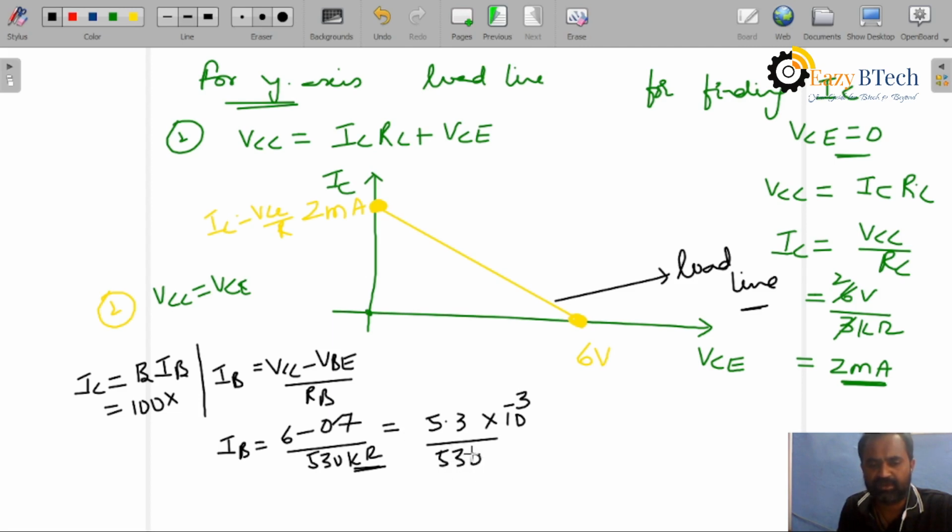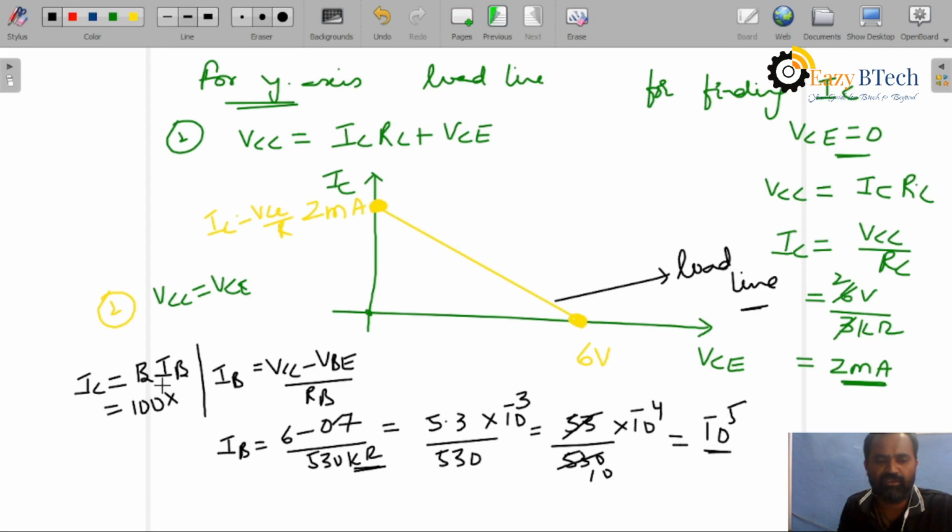Now this sum, the solution here. If you remove this point here, 5.3 by 530 into 10 power minus 3, and 1 by 10, then approximately you will get 10 power minus 5.